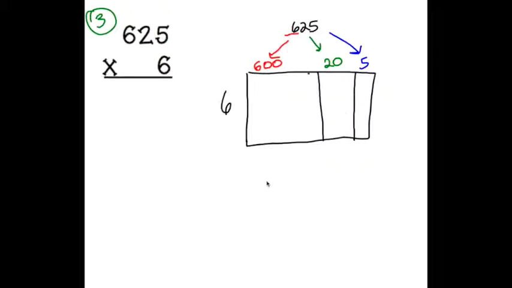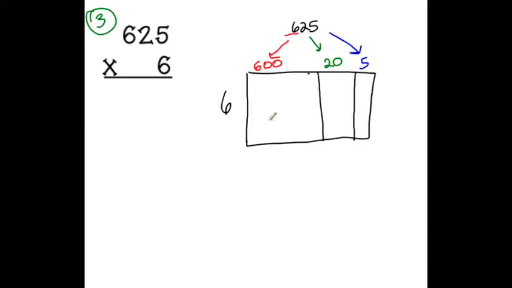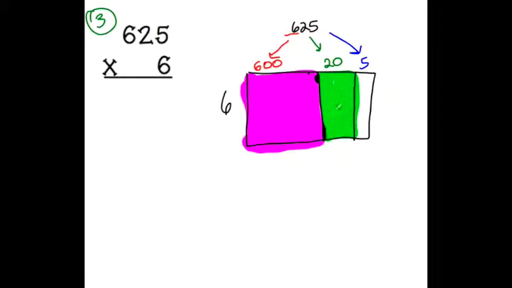Perfect. All right, let's color. And then my 20 is green. And my 5 is blue. Great.